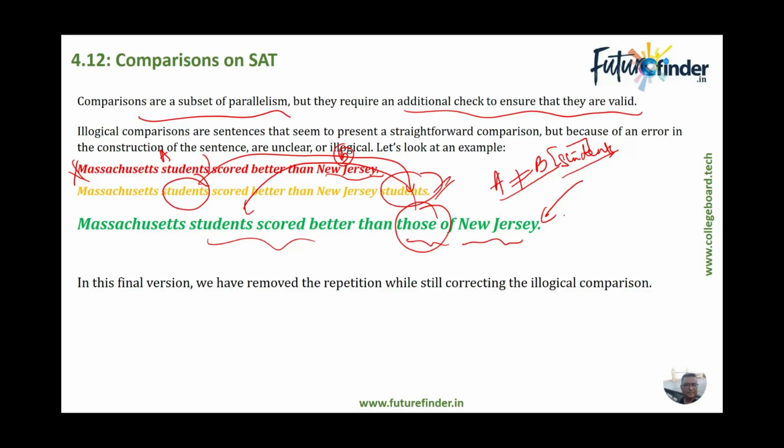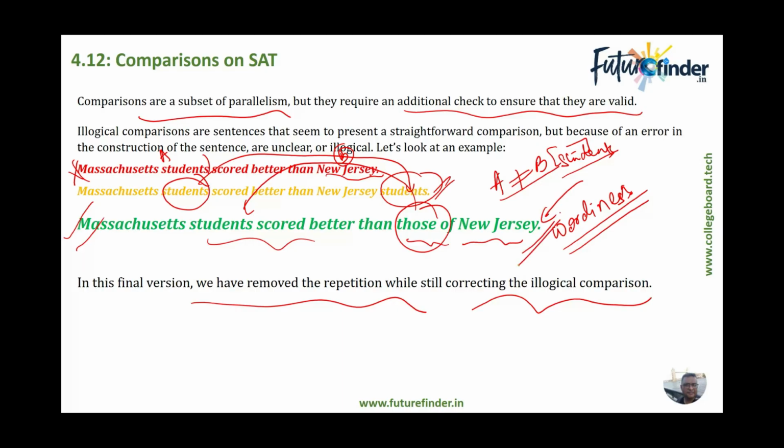On the SAT, because of the concept of wordiness, the version that uses the fewest words while being grammatically correct always stands correct. In the final version, we have removed the repetition while still correcting the illogical comparison. So this is the best way of writing the comparison.